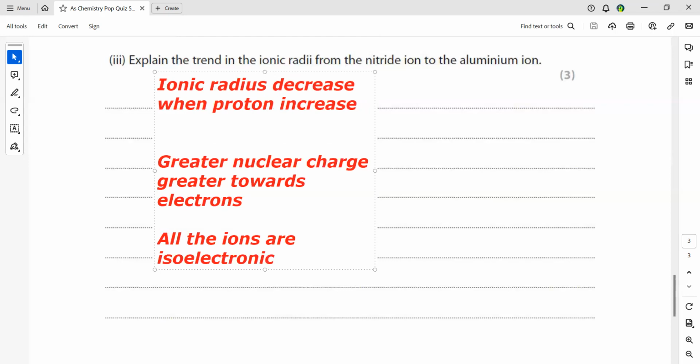So for isoelectronic ions, they have the same number of electrons but a different number of protons. The one which has more protons has a stronger attraction. As a result, what will happen? The attraction will be much greater.